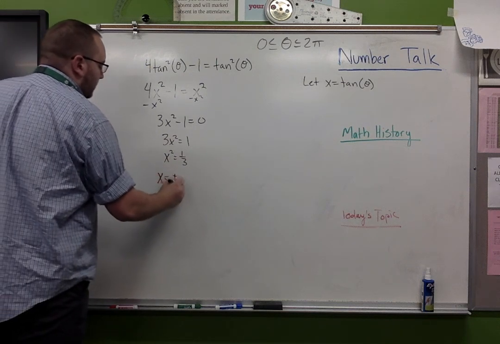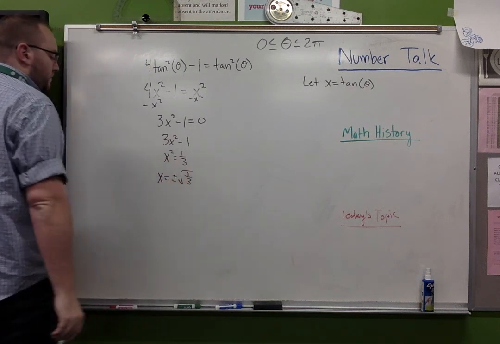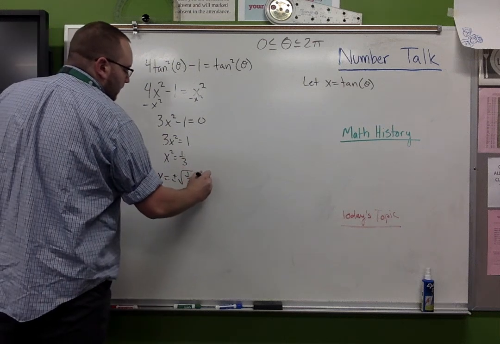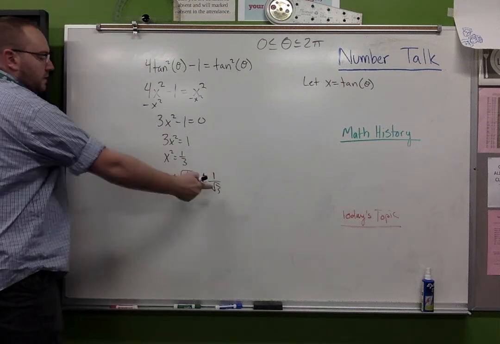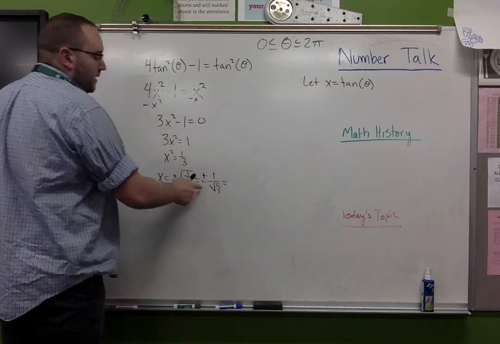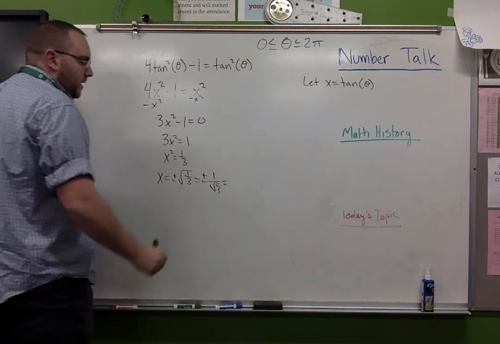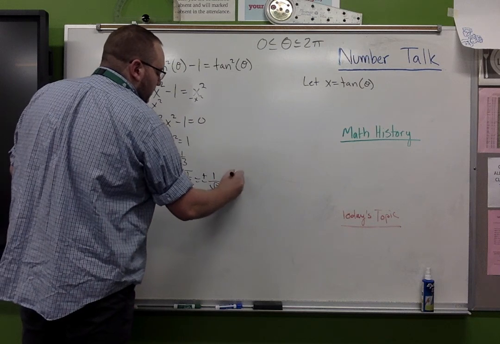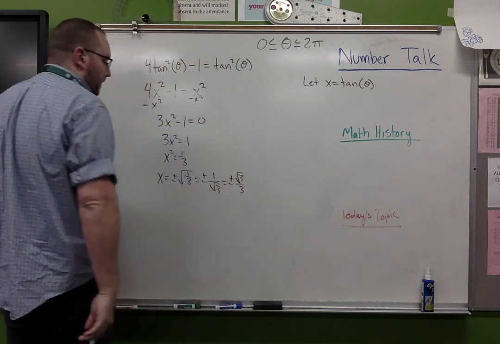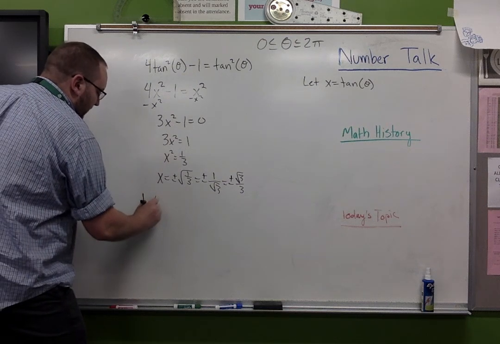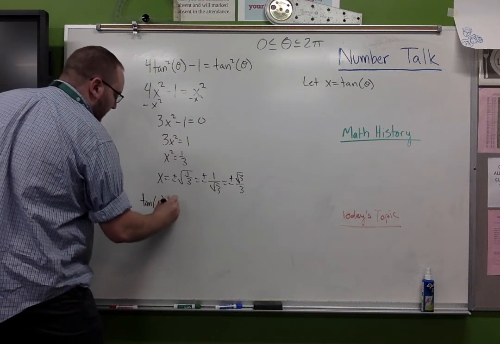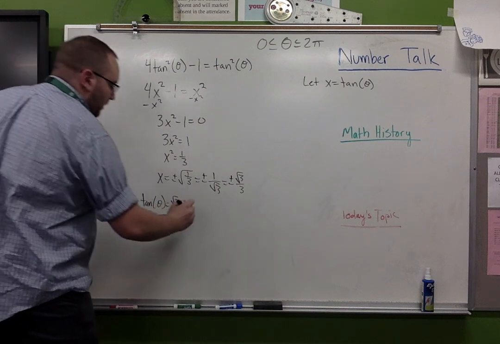X equals plus or minus the square root of 1/3, which is plus or minus 1 over the square root of 3, right? Square root of 1 is 1. Square root of 3 is square root of 3. Now simplify, rationalize the denominator. We get plus or minus the square root of 3 over 3. So we have tangent of theta is equal to positive square root of 3 over 3.